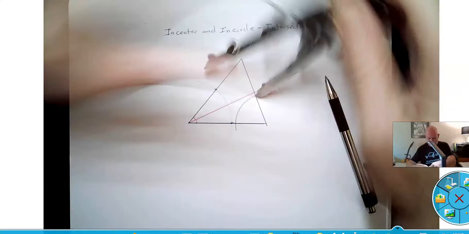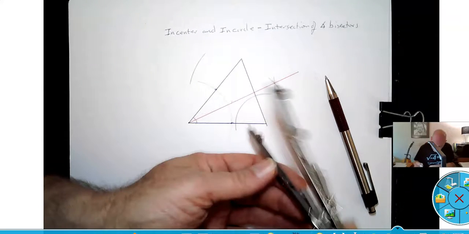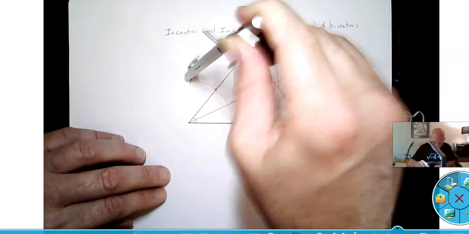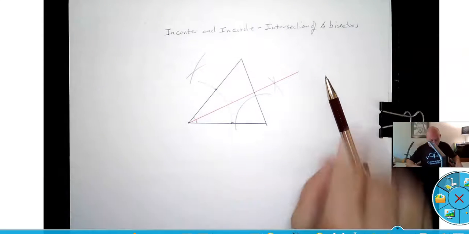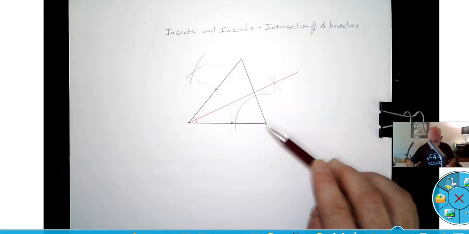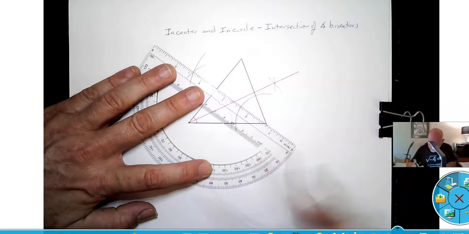I don't want to get involved with that angle, so we'll do that, and then from this side we'll do the same. Make sure we're good. Yep. Now I have my crossing here, and that's going to go to this angle, so we'll connect that.